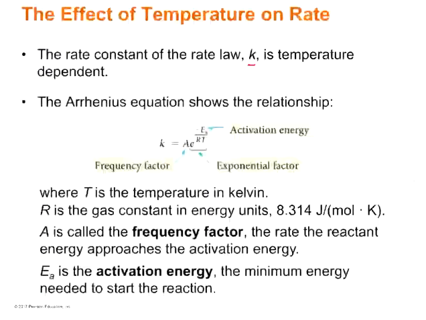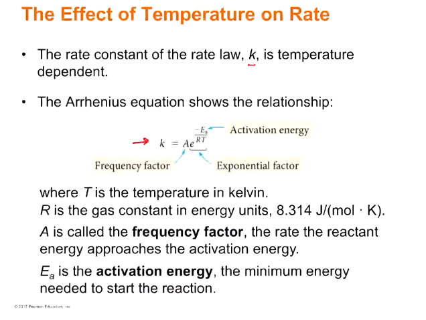Now, the Arrhenius equation shows the relationship between the rate constant K and temperature. So here we have that K, our rate constant, is equal to A, which is called the frequency factor, times an exponential factor.